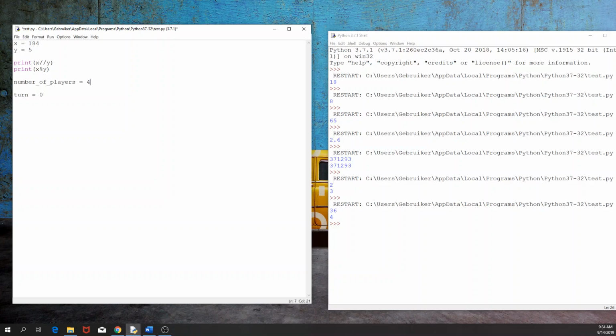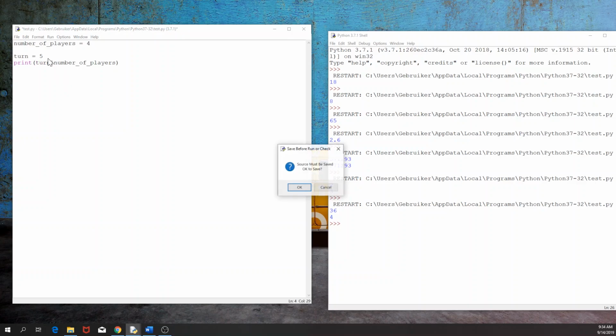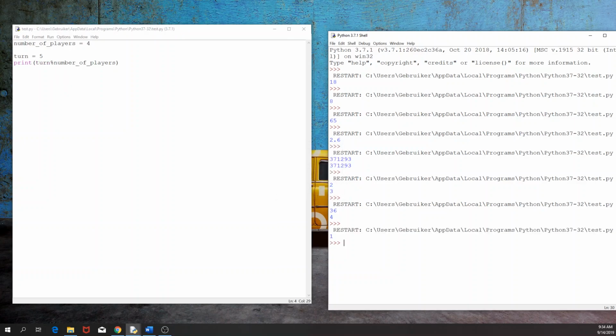That's how we indicate that in Python. And now I'm going to remove this part of the code up here, and let's say that it's turn 5. I'm going to print turn percentage number of players. And right now it's player number 1's turn.